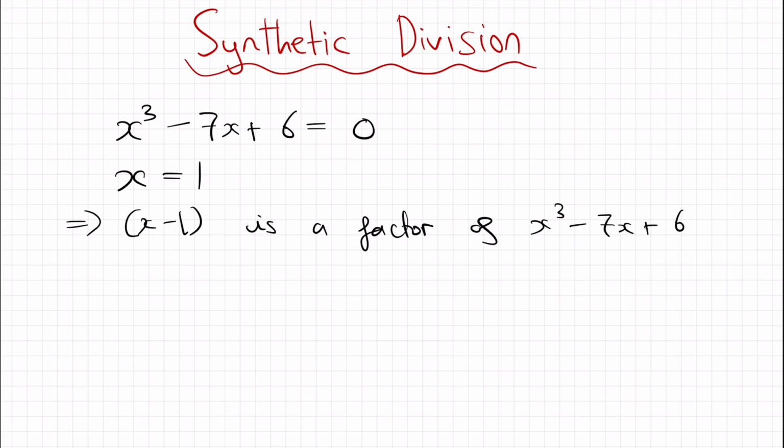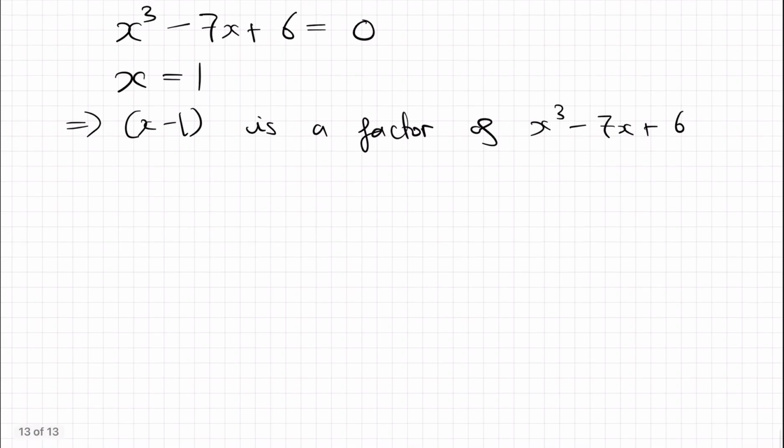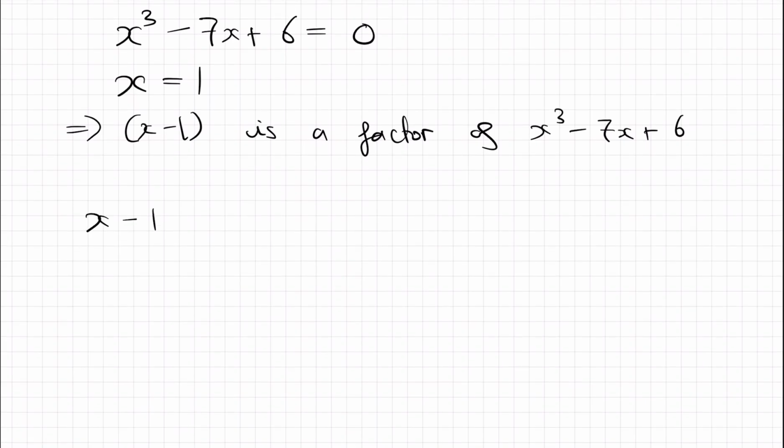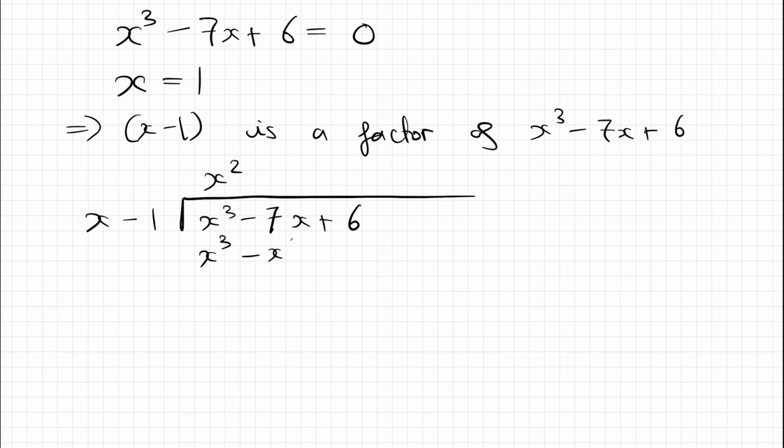Usually you would use this information to carry out polynomial long division. I'll just do one to show you how slow it is, because we have to go through the entire process. We do x squared, x cubed, move everything like this. Another problem with polynomial long division is that you have to put in the extra terms which you need, just like this.